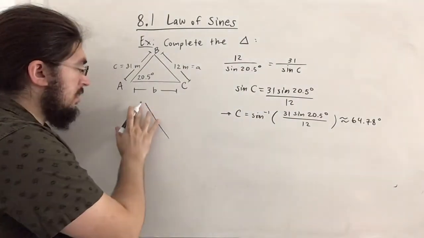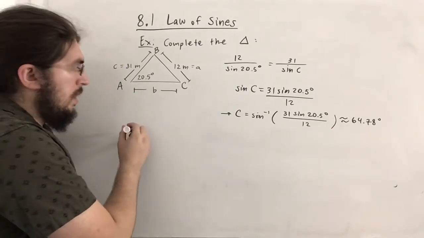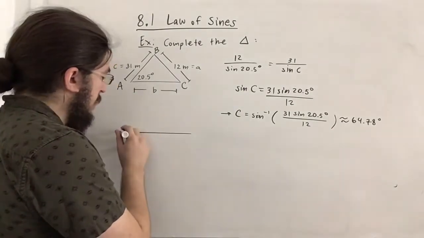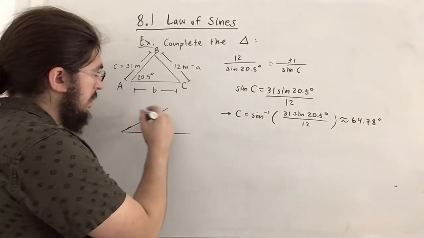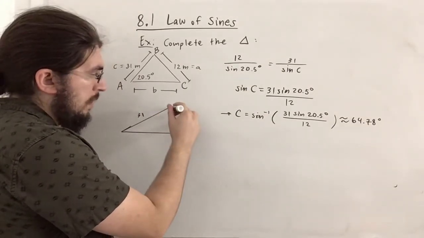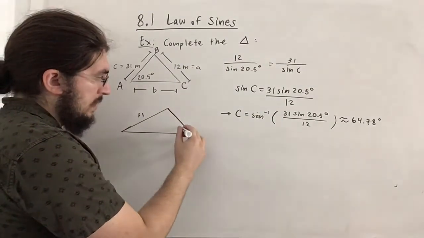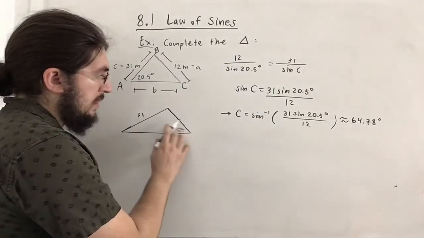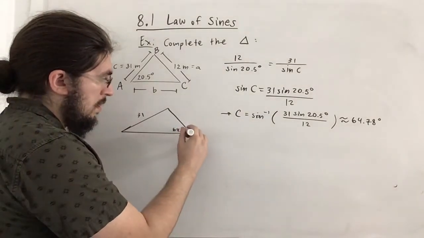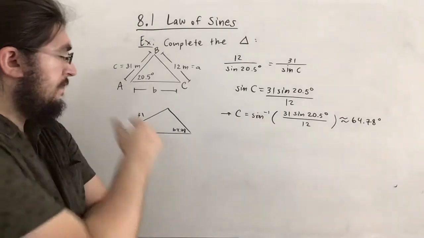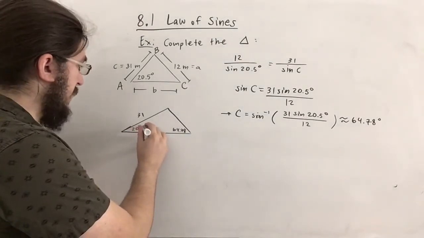But again, to give you a little more accurate depiction of what's going on, 20.5 degrees is pretty small like this. 31 is going to be way larger than 12, so it's going to be something like this. So we have 64.78 degrees, something like that. And then we have 20.5 degrees.